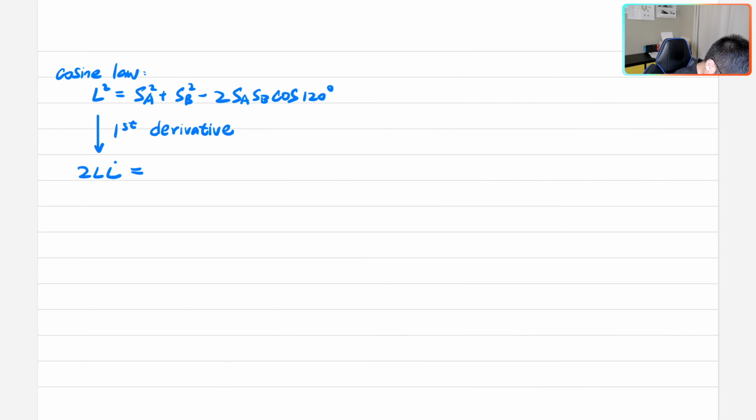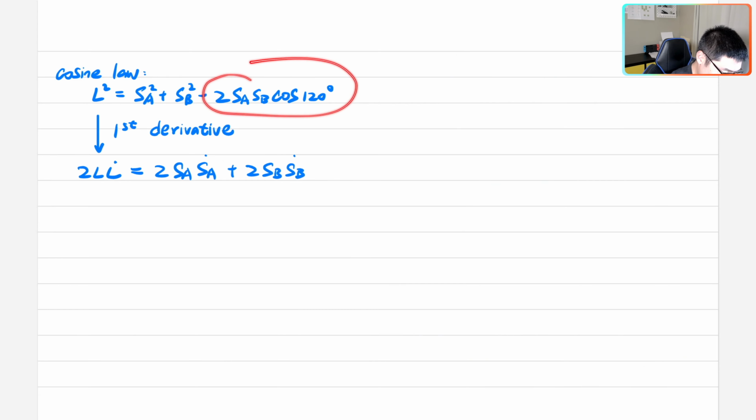SA squared will give me 2SA dot. For SB squared, 2SB dot. And then comes this part, taking the derivative. Be very, very careful. You have two parts here, SA and SB.